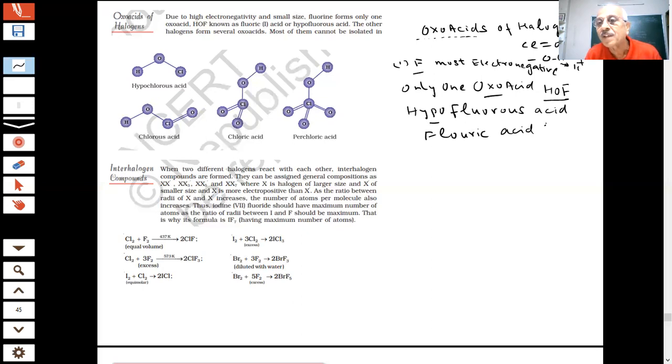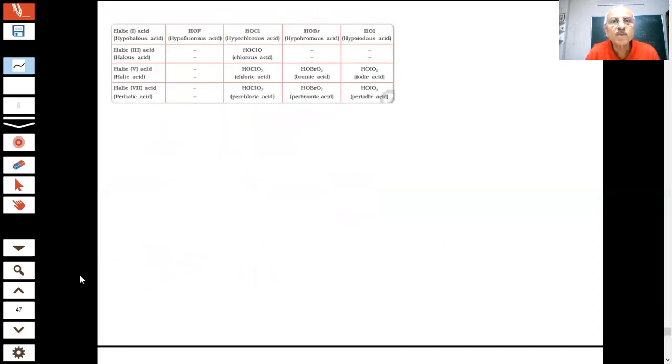As you have seen in the oxo acids of phosphorus and sulfur, how to remember the names is sometimes a problem, but we have to learn them because there will be a question on that. Drawing the structure is very important, and we are going to discuss it. Other halogens will form several oxo acids. In certain books they have given a table of these names as well as the acids.